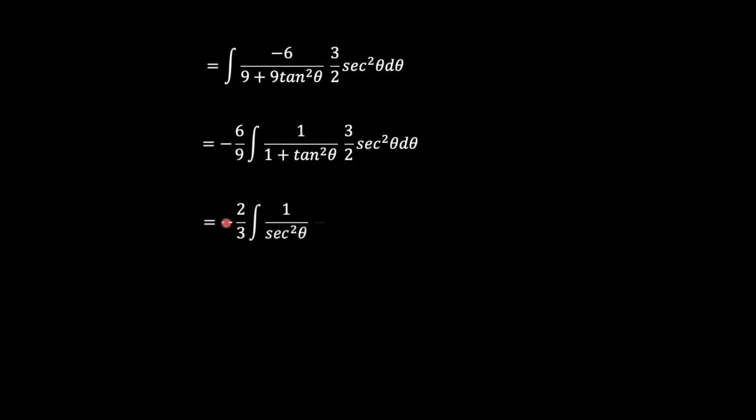The constant here is now -2 over 3 if we simplify 6 over 9. Now we can see that the 2 over 3 would cancel out with the 3 over 2 to 1. And the sec squared theta in the denominator cancels out with the sec squared theta in the numerator. And so we are left with minus the integral of d theta, which is the same as negative theta plus c.